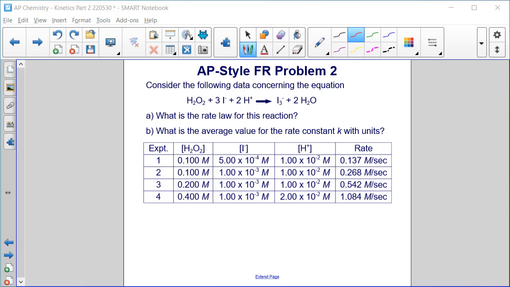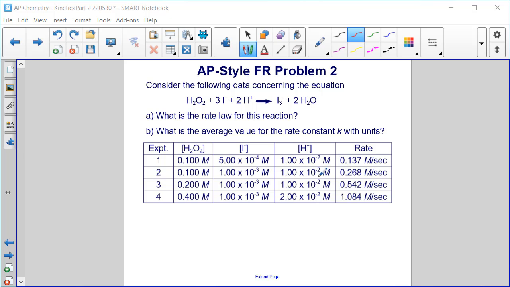We're given a table of experimental data where we can determine the rate law with respect to each of these reactants, H2O2, I-, and H+. So take a look here. There are times where we're holding one of them constant, but changing the others, okay?